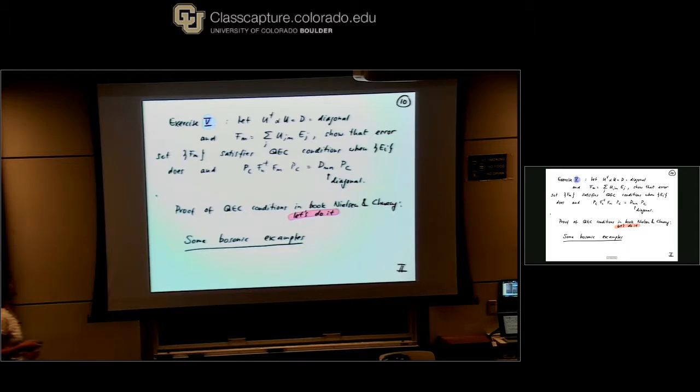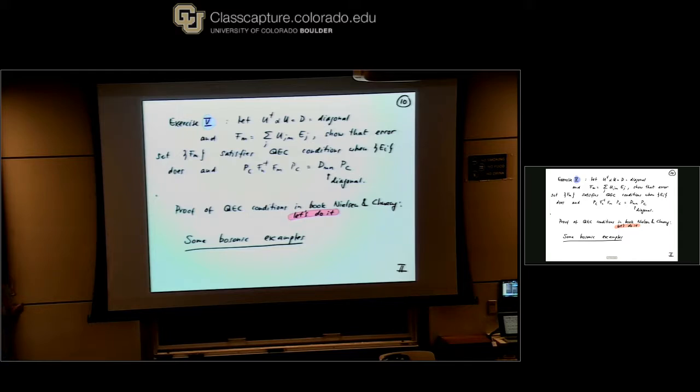It's also a relevant comment, because you say, okay, I have a set of errors E_i. And what is nice about these error correction conditions is that if those satisfy these conditions, then any linear combination of errors actually satisfies those conditions. And this is also why, if you can correct single qubit X, Y, or Z errors, you can correct any linear combination of them.